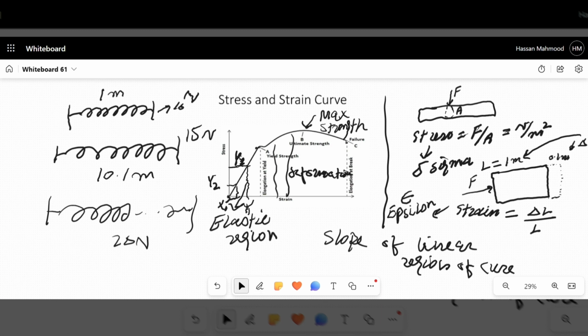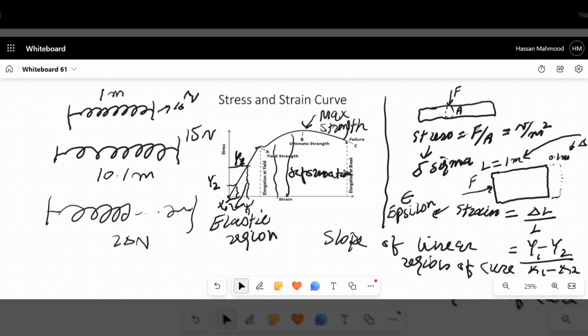Okay, so if we take this slope, we know that it is y1 minus y2 over x1 minus x2. So that is your Young modulus.